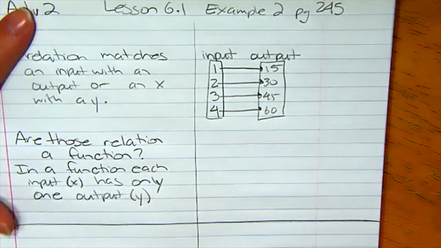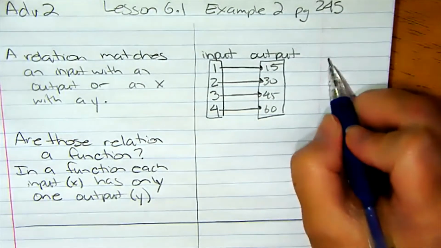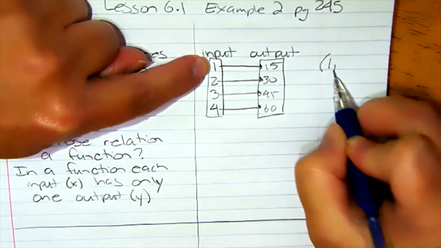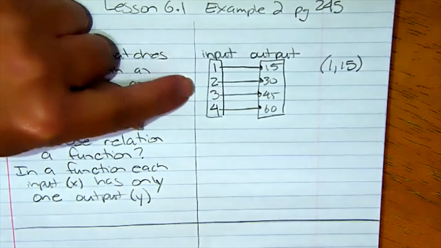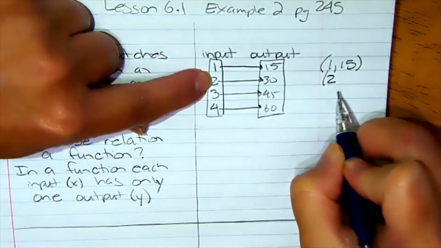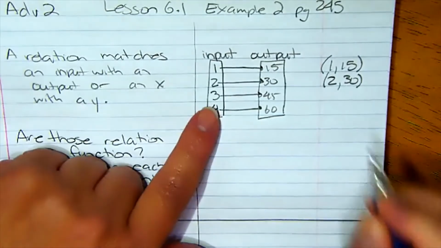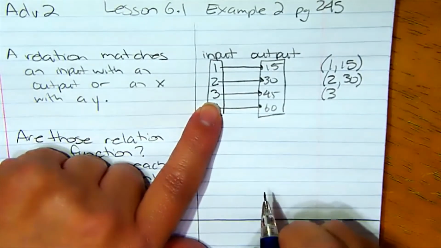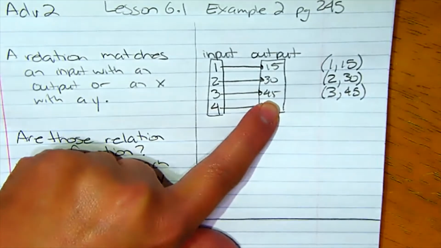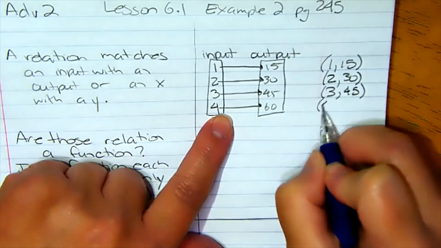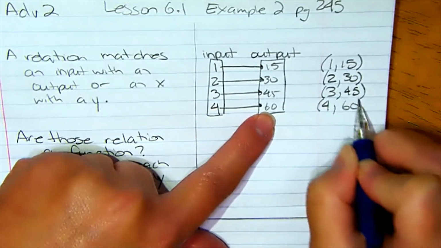Well, the first thing we need to do is create our ordered pairs. So here's my X and it is connected to that Y. Here's my input and it is paired with or matches that output.